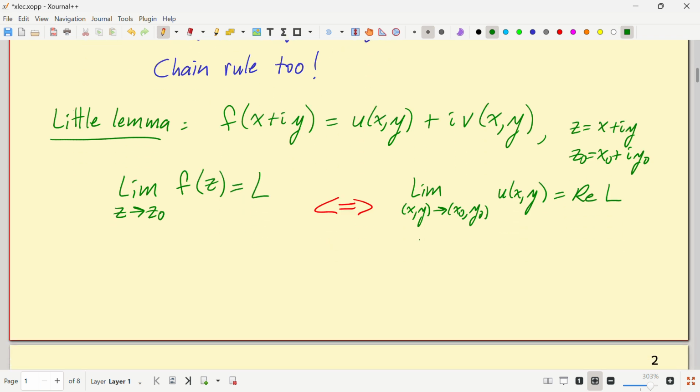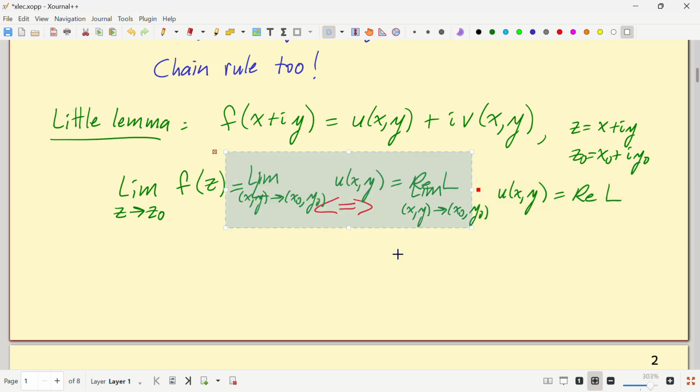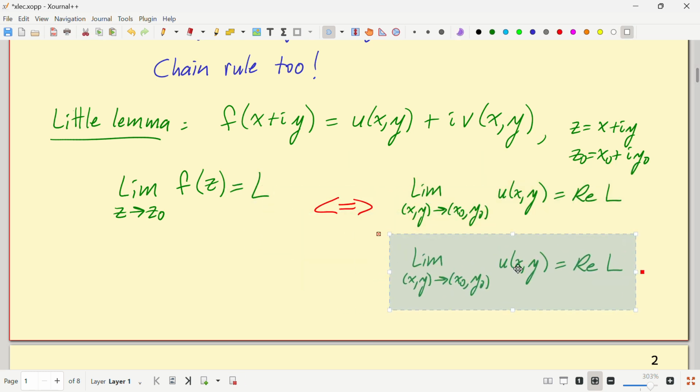And the limit, let me see if I can do something. There's a virtue to having this thing here. Let's pick it. Control copy. Okay.